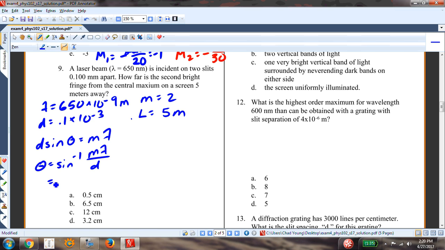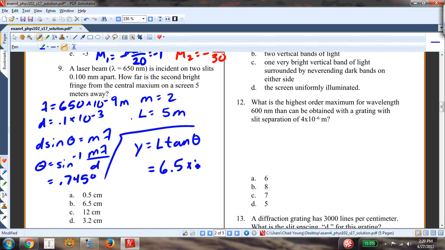Inverse sine of that, I get 0.745 degrees. And then I say, well, y is equal to L tan theta. Times 5. That's equal to 6.5 times 10 to the minus 2 meters, which is 6.5 centimeters.